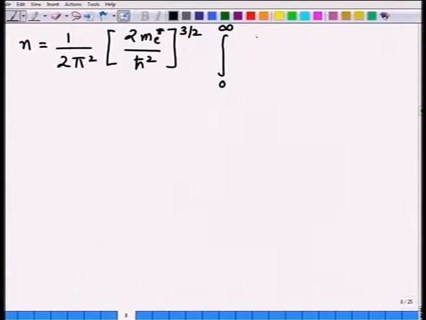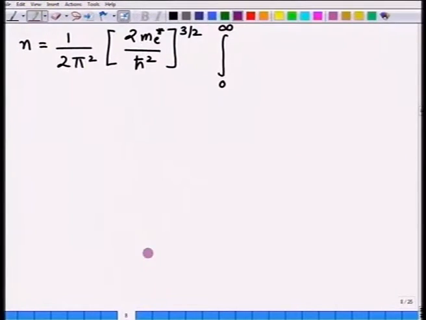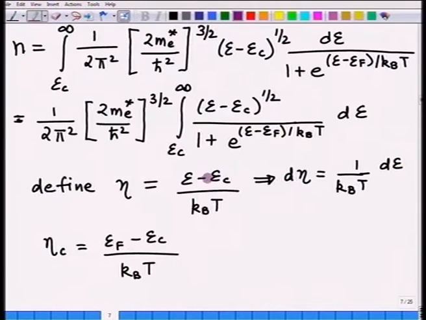E minus E_c is essentially equal to (k_BT) to the power half multiplied by eta to the power half.